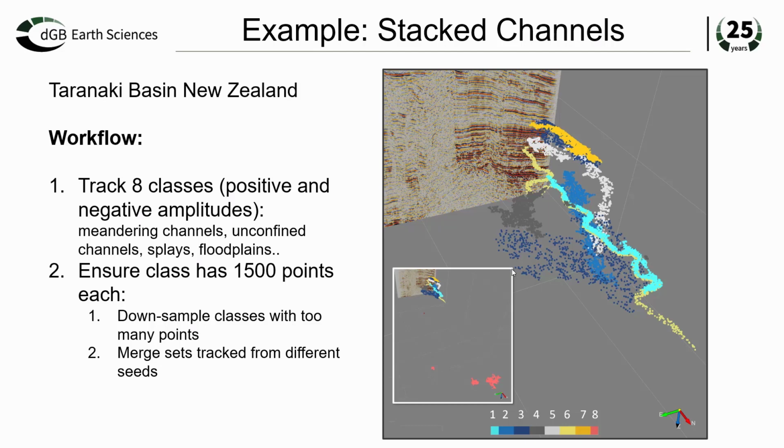And we've made sure that each class has 1500 points. So we've taken out points where the Thalweg tracker creates too many points, or we've tracked more points where we needed to. And then we've merged sets if needed, tracked from different seeds.